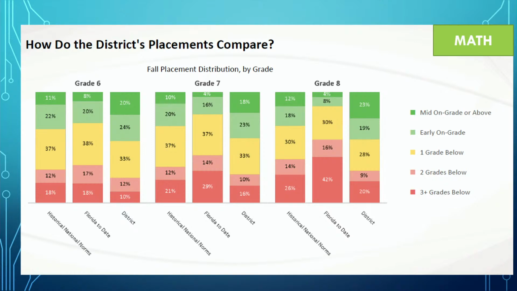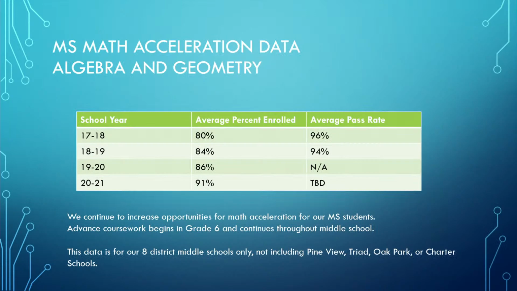The next chart, again, is very, very surface level, but I wanted you to see our math acceleration numbers over the past several years. The average percent enrolled is really based on the state's definition of who is part of the school grade calculation. So for instance, this year, our 8th graders are based on how they scored as 6th graders.